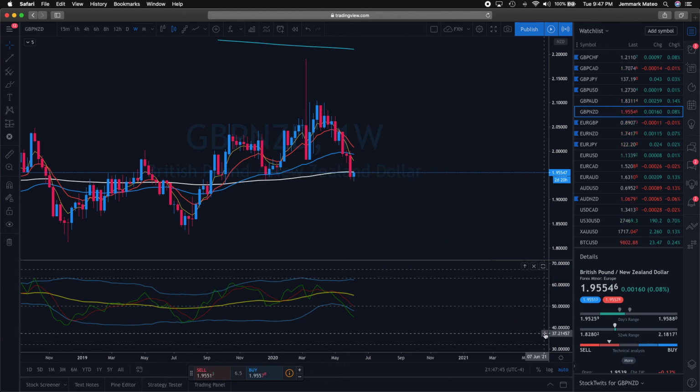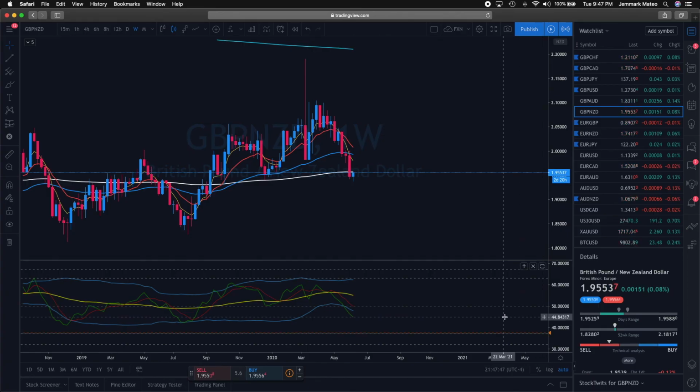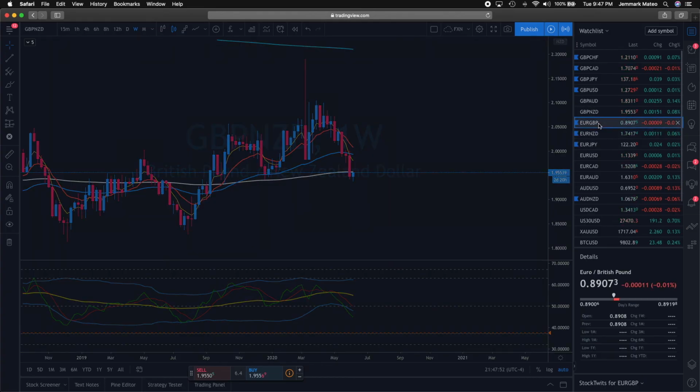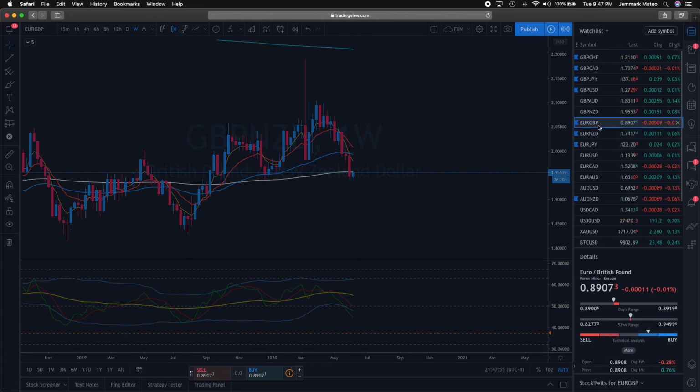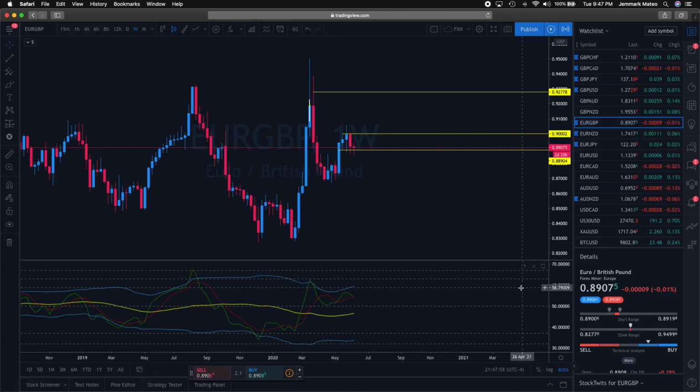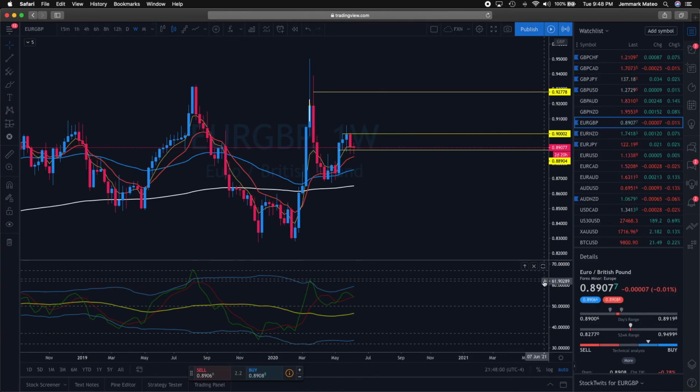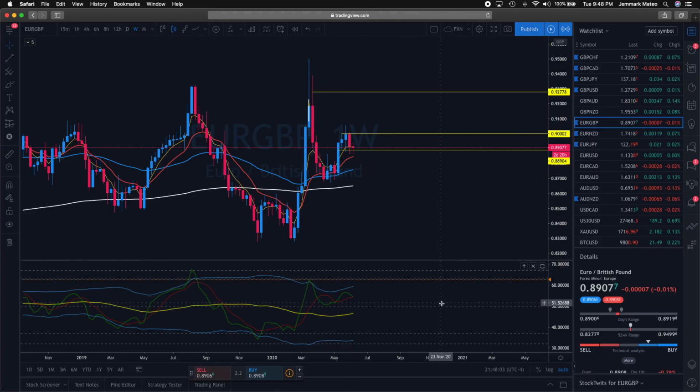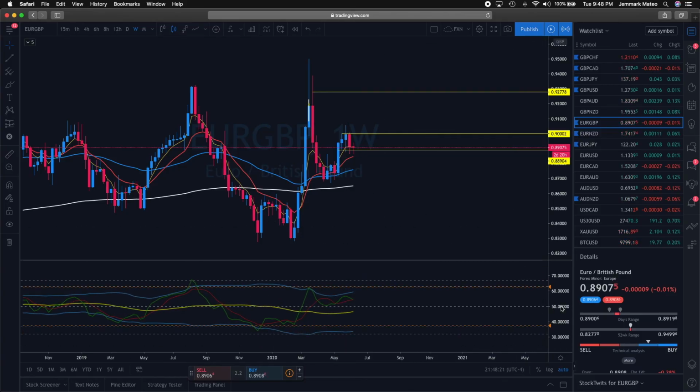And then you can put an alert down here at the bottom on the TDI as well. You could do that for every single pair if you want on the weekly. And you'll just get emails whenever the TDI goes to those extremes. I don't know how easier you want it to make it, but that's pretty easy right there.